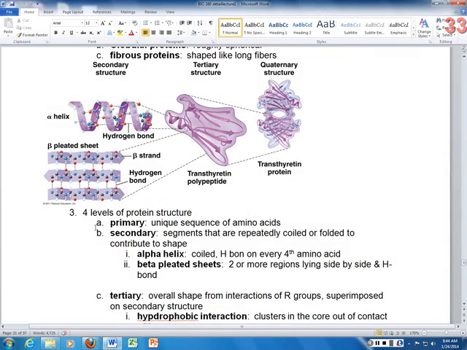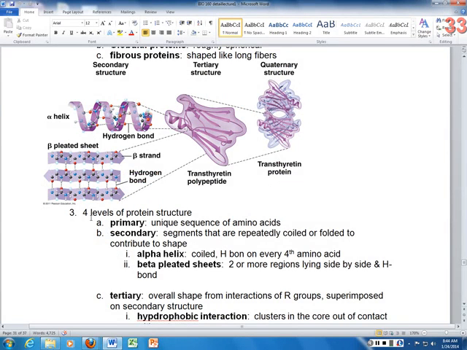So your first level, or your primary level of structure, is the sequence of amino acids. What order are those 20 amino acids, or the different amino acids in, and which of those 20 are they? So it may be a lot of leucine, isoleucine, valine in there. That order matters.